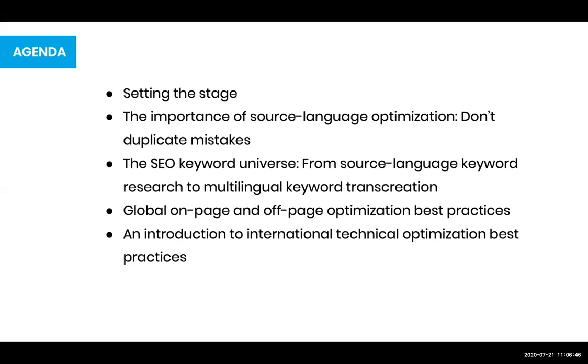So we'll talk about the importance of source language optimization. We'll talk about SEO keywords. We'll talk about global on and off page optimization best practices, and then last but not least, I will quickly tackle a few international technical optimization best practices.